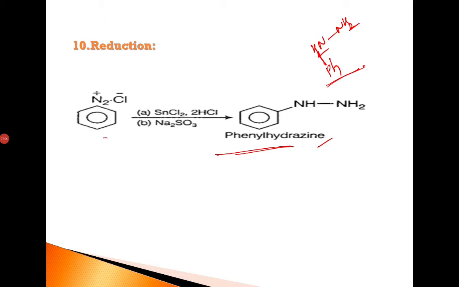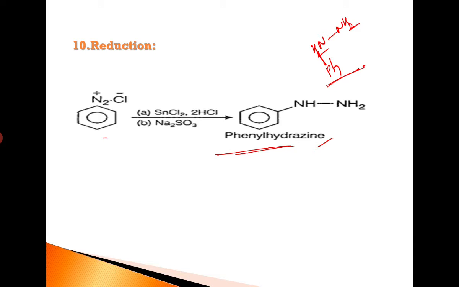So in this way benzene diazonium chloride gives different reactions, and benzene diazonium salts are very good intermediates for the introduction of groups such as fluorine, chlorine, bromine, iodine, cyanide, hydroxyl and nitro groups into the aromatic ring.